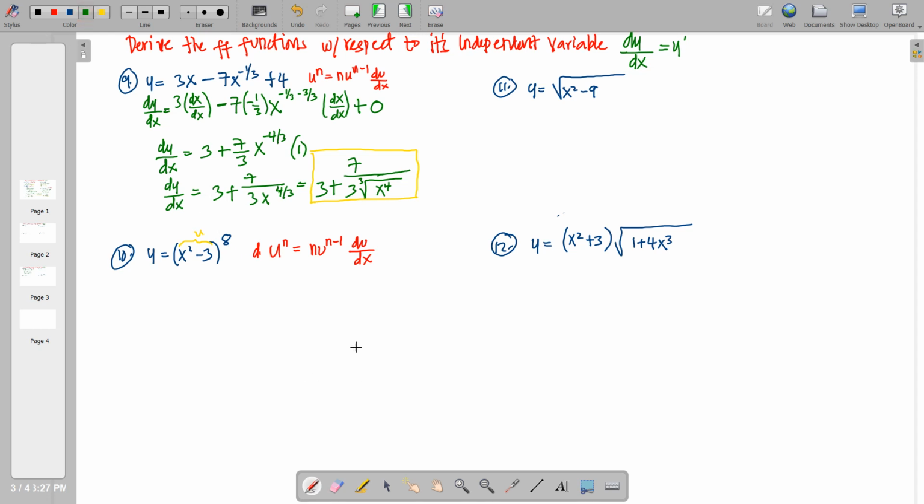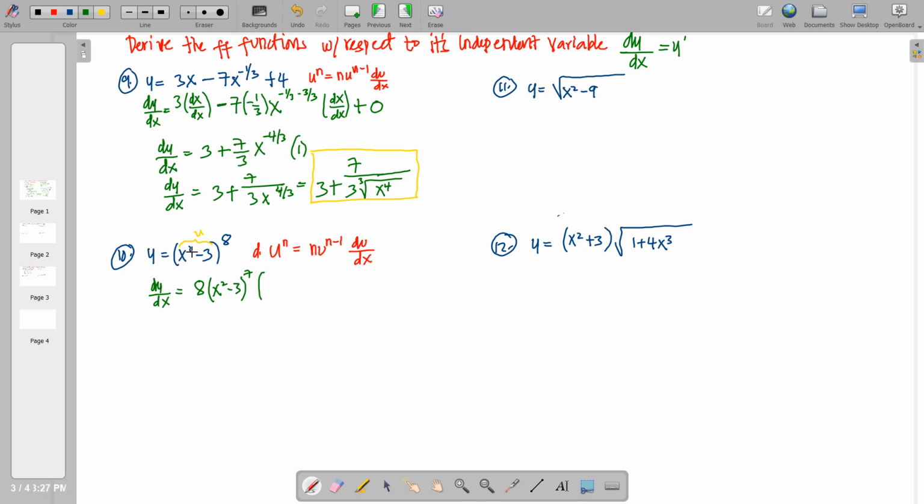So we just have to follow the procedure. So this is dy over dx. We bring down 8 here, copy that one, subtract 1 from 8, so that is raised to 7, and then differentiate u, du over dx.